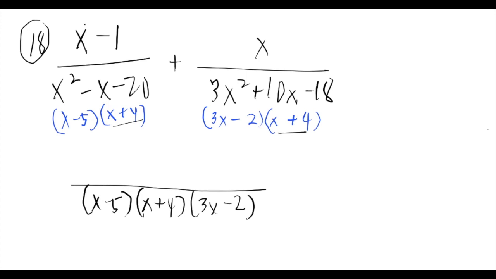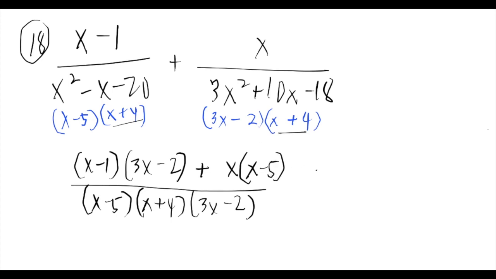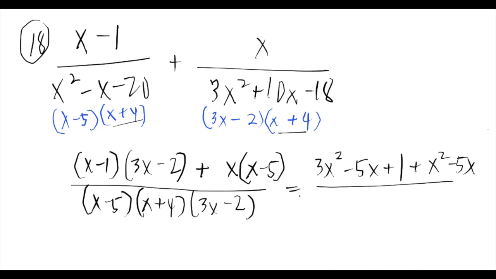So here, ano kailangan natin i-multiply sa x minus 1? Anong kulang dito? That would be 3x minus 2. Plus, x times, anong kulang dito? X minus 5. So here we will have 3x squared minus 5x plus 2 plus x squared minus 5x over, hindi ko na muna isusulat.